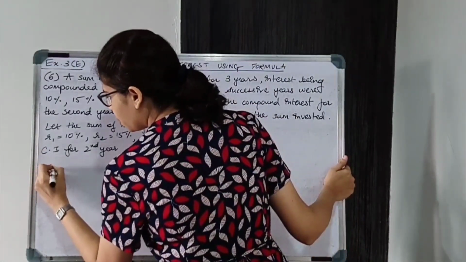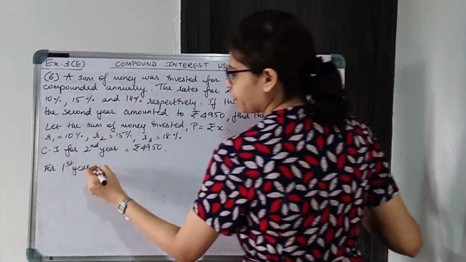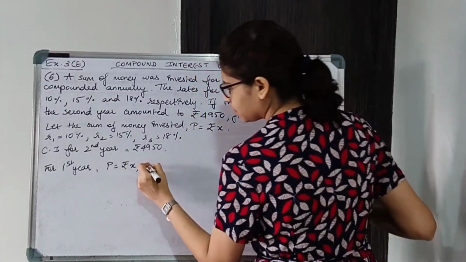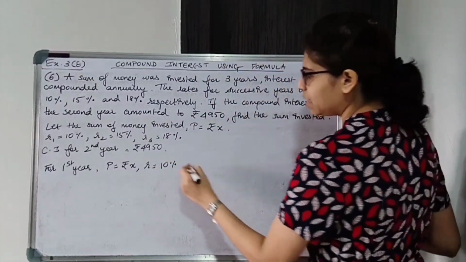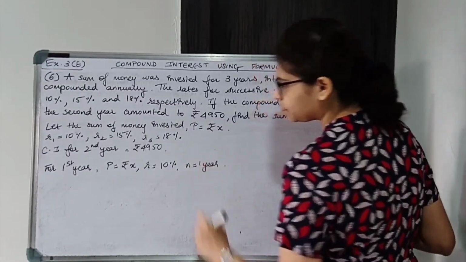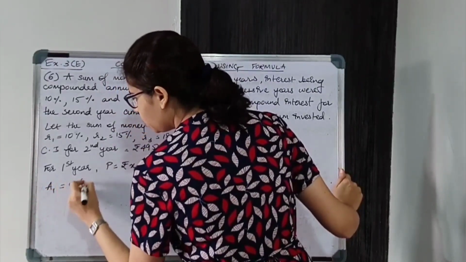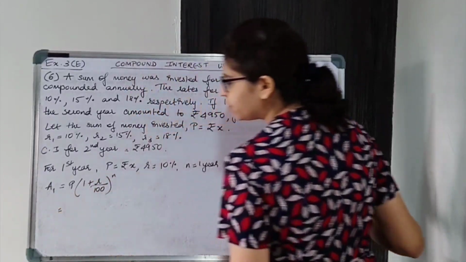So for first year or 1 year, principal is rupees X. R is 10%. For first year it is 10%. Be very careful. N is 1 year. Now A1 will be P into 1 plus R upon 100 raised to N. Substitute the values.